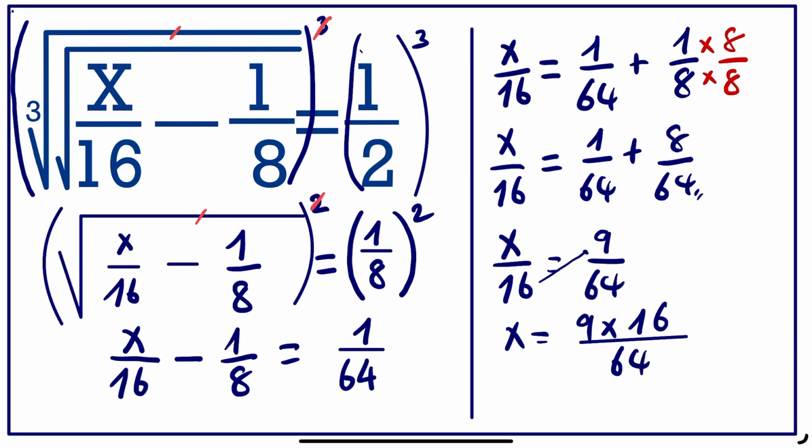Okay, so we can simplify further. 64 divided by 16 is 4. So we're going to have x equal to 9 over 4, or as a mixed number, x will be equal to 2 and a quarter.